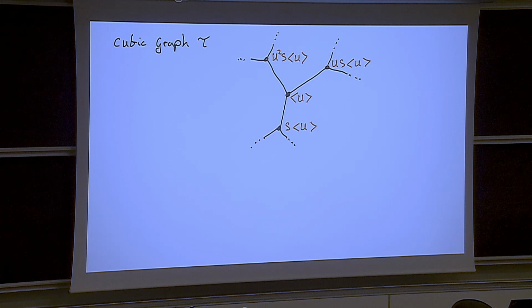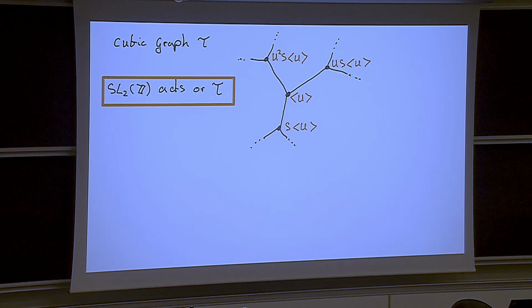There's one edge from U to SU, one edge from U to US, and there's one edge from the group generated by U to U squared SU, and that's it. And the tree looks like that everywhere. It's an infinite tree, and every vertex has degree 3. And then SL2Z acts just by multiplication on the left on this.